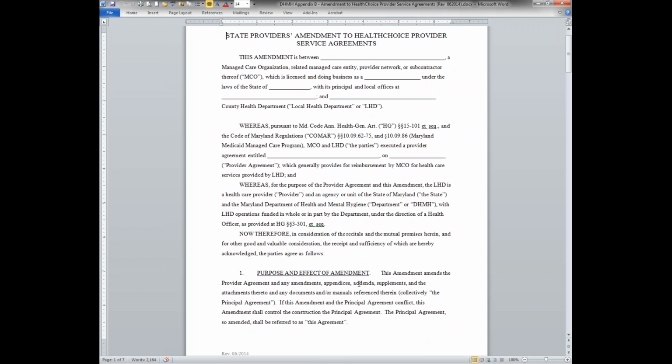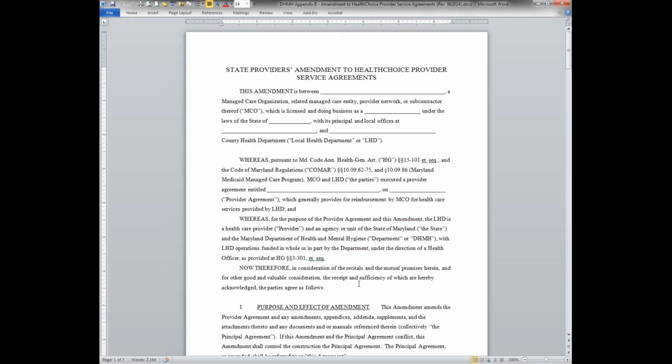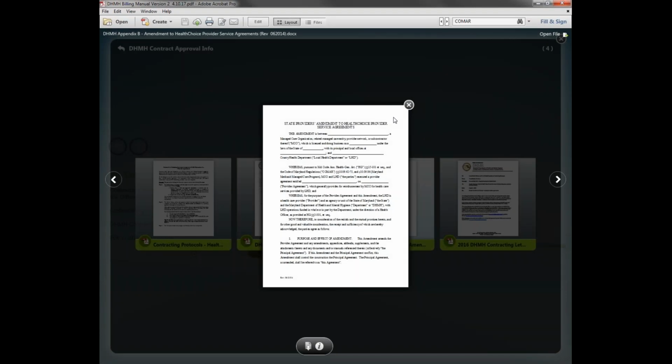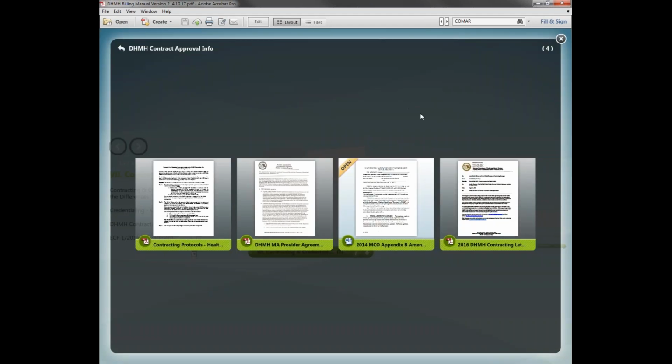This was an amendment that Claire and the AG's office had put together in order for the health department to be able to contract with the MCOs. Claire had met with all the MCOs, and supposedly all the new contracts are supposed to have this language in it, but just in case, we included it, and we were advised to put everything in, so we wanted to include it.